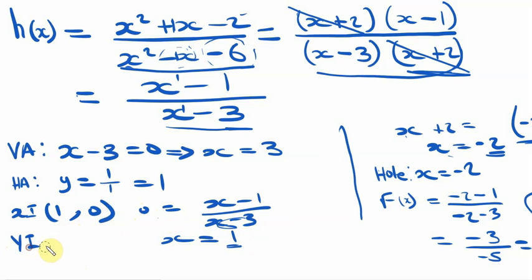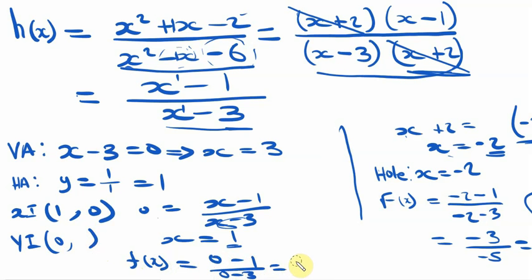Okay, what's a y-intercept? Well, we get a y-intercept by substituting 0 in for every variable of x. So let's do that. f of x is equal to 0 minus 1 divided by 0 minus 3.